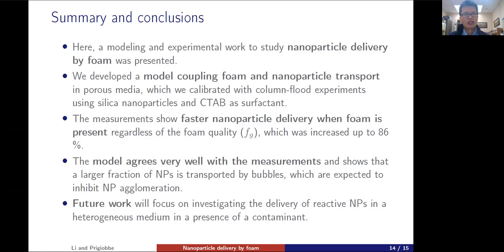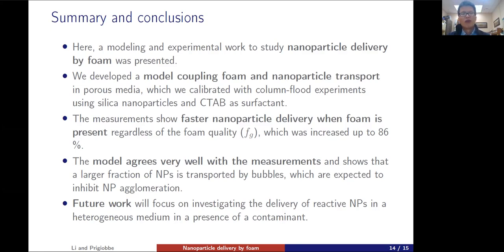And the measurement shows a faster nanoparticle delivery when foam is present, regardless of foam quality, which could increase up to 86%. So the model agrees very well with the measurements and shows that a large fraction of nanoparticles is transported by foam, by bubbles, which are expected to inhibit nanoparticle agglomeration.